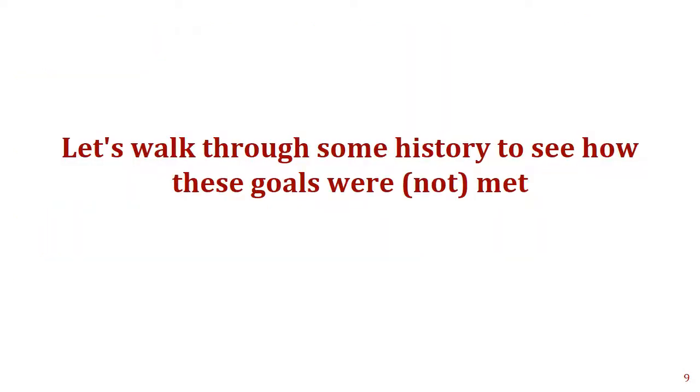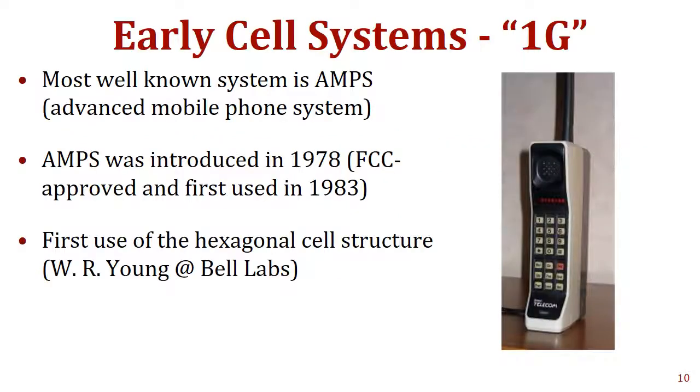Now let's walk through some history to see how these goals were met, actually were not met. First, many years ago, we have the early cell systems we call first generation. The most well-known system is AMPS, Advanced Mobile Phone System.